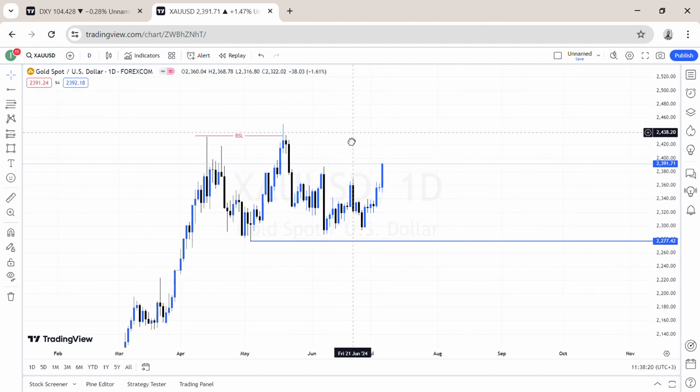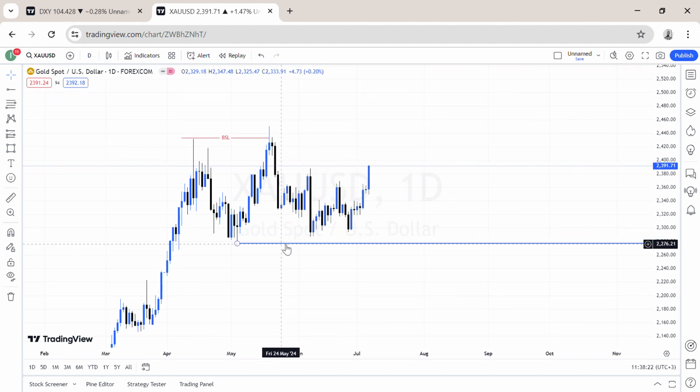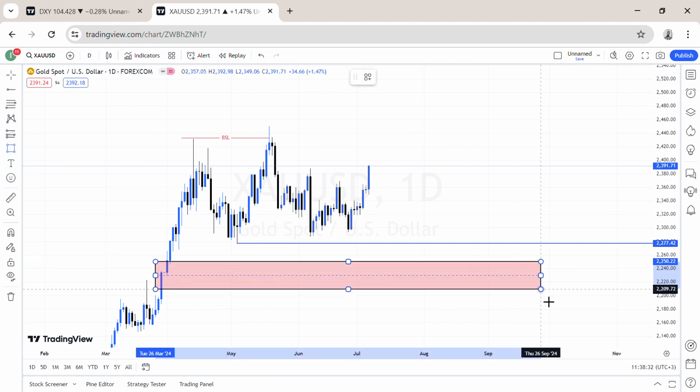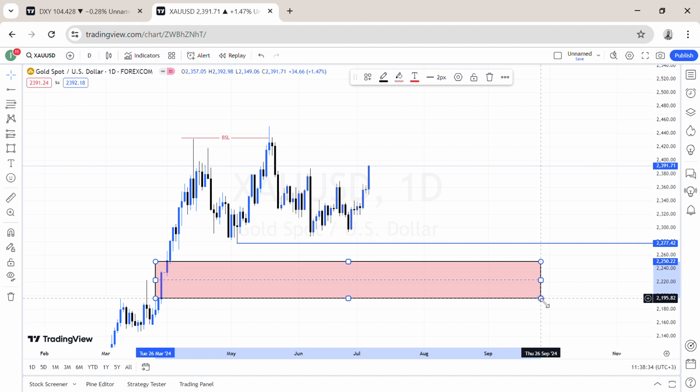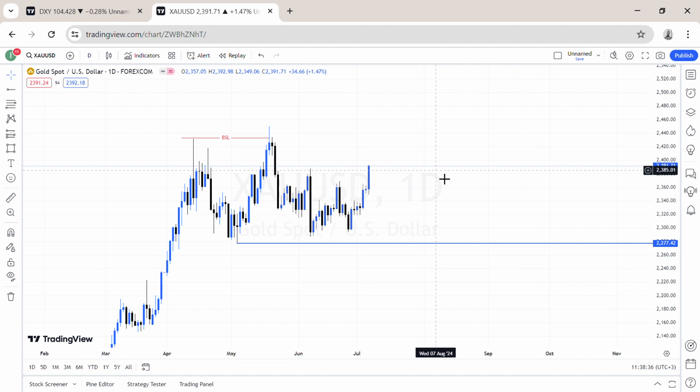If the price was to trade below this zone, we could be targeting points of interest at this left side. Okay, these areas of interest right there, like that fair value gap. Okay, but we can see that the price came just to this point and bounced back.